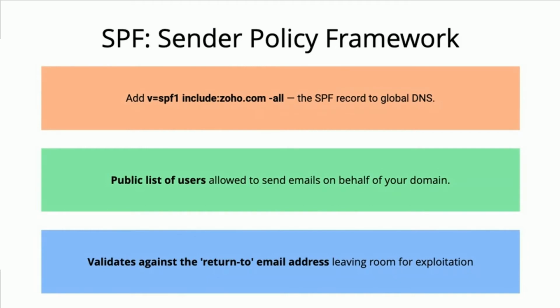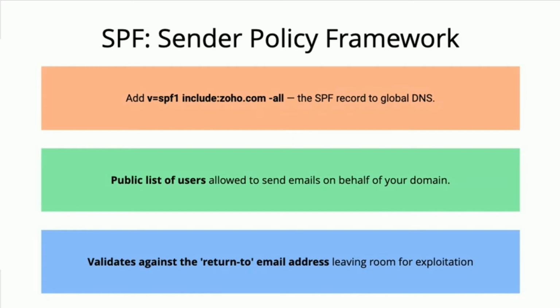So, what does this do? By adding an SPF record to my domain's DNS, I will be providing a public list of users or servers who are the only ones allowed to send emails on behalf of my domain.